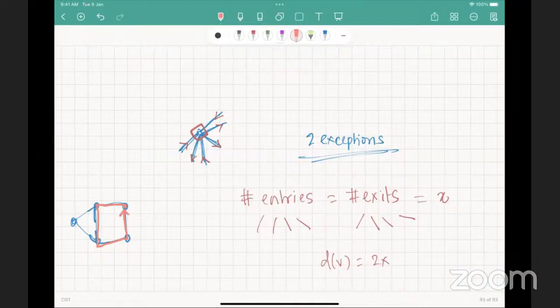So that argument by itself is not enough, but you can augment this argument by saying, suppose you started somewhere, you went on and on till you got stuck. And now at this point, suppose you have not covered every edge, then let's do a restart from something that you have not visited and do the same. Basically go on till you get stuck.